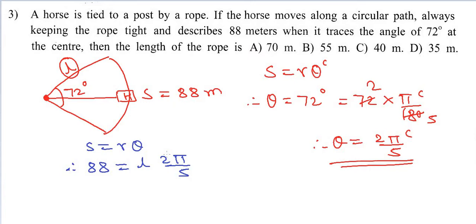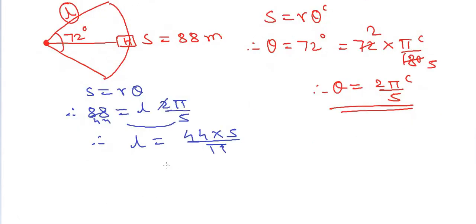Now divide 88 by 2, so 44. Therefore we get, shift this 5 to the left hand side. R is equal to 44 into 5 divided by pi. Now we are going to substitute the value of pi as 22 by 7. So this is equal to 44 into 5 divided by 22 upon 7.